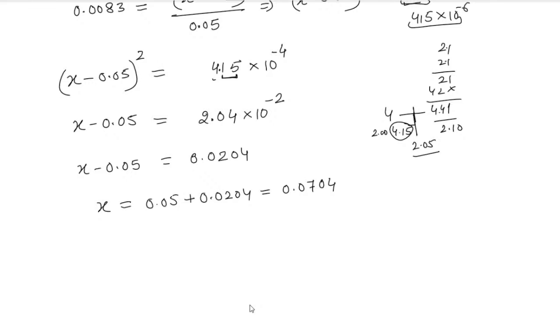Okay, so what is the molar concentration of PCl5? That is 0.05.